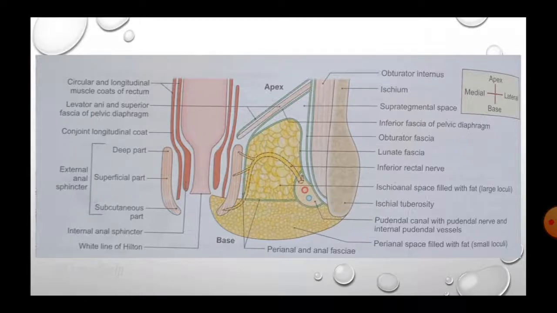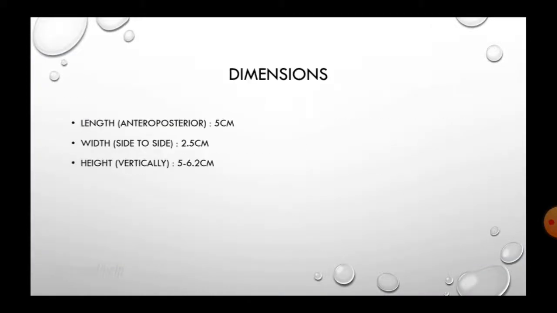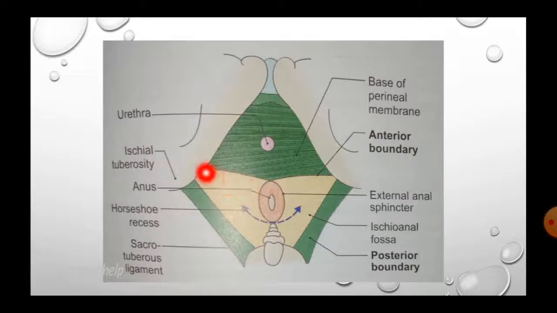It is formed by the levator ani with the anal fascia in the upper part, then the external anal sphincter with the fascia covering it in the lower part. Now, anteriorly, it is limited by the posterior border of the perineal membrane, and posteriorly, the fossa reaches the lower border of the gluteus maximus and the sacrotuberous ligament.